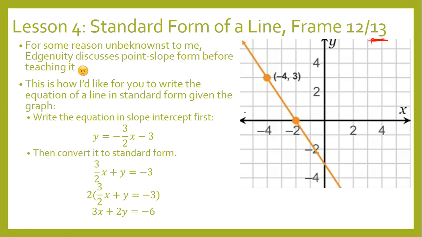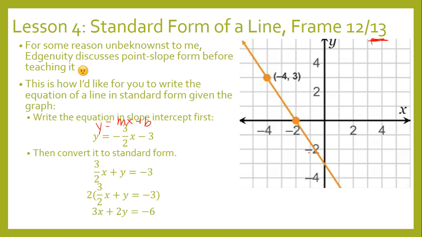So if you're given a graph, and you want to come up with the equation in standard form, I don't want you to try and use point slope form because you have no idea what it is. I'd rather you write the equation in slope intercept form first. So remember, slope intercept form is y equals mx plus b.